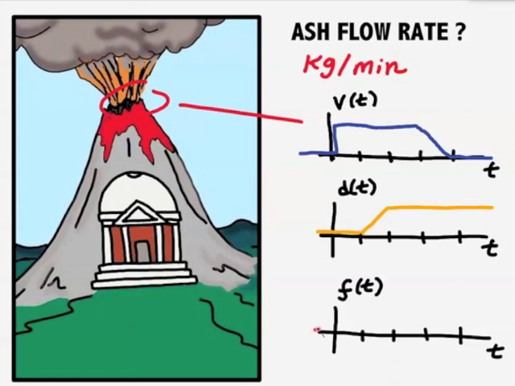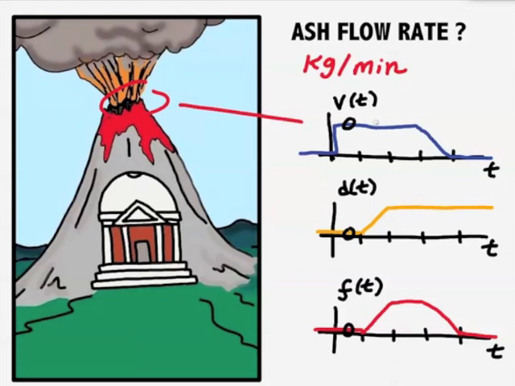Well, this is easy to compute. All we need to do is to take the volume signal and multiply it by the density signal. And that will produce a flow rate as I'm drawing down here at the bottom. It starts off at 0 and stays 0 until 1 hour, then ramps up until 2 hours, holds constant for a while, and then it decreases again, stopping at 4 hours.